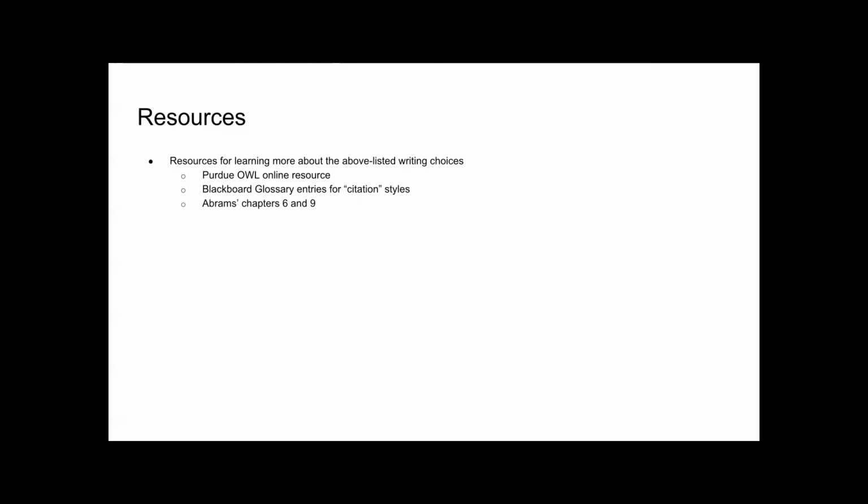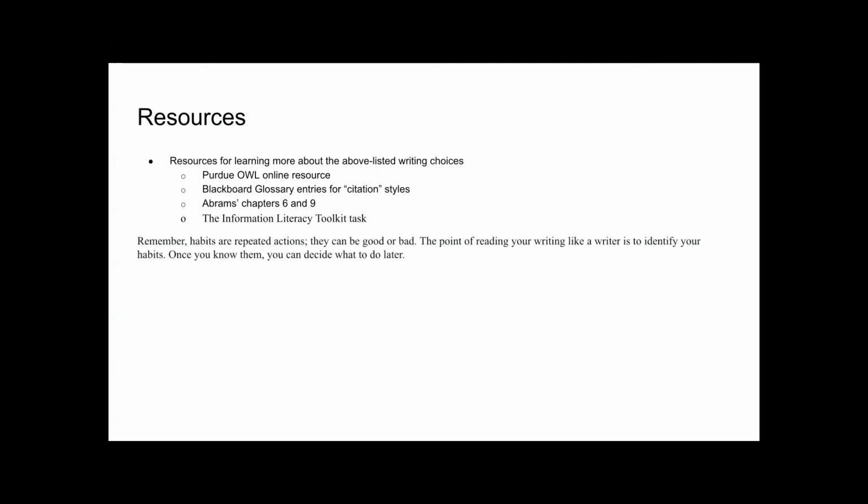Abrams chapters 9 and 6 both talk about how to integrate sources. And the information literacy toolkit task, which you will get to at some point this semester, is another resource for learning about how to integrate sources.